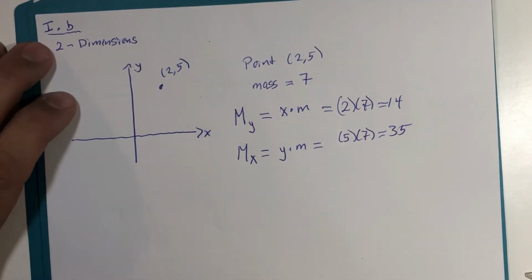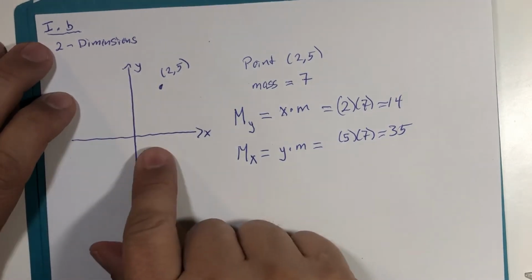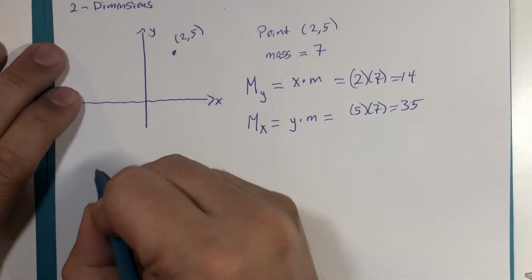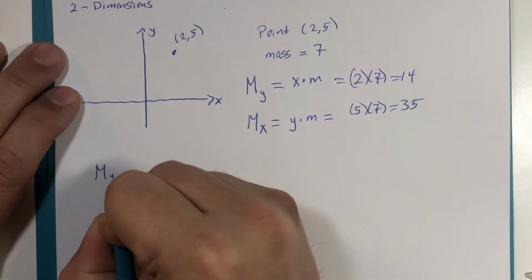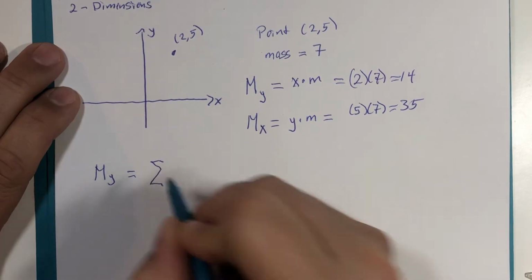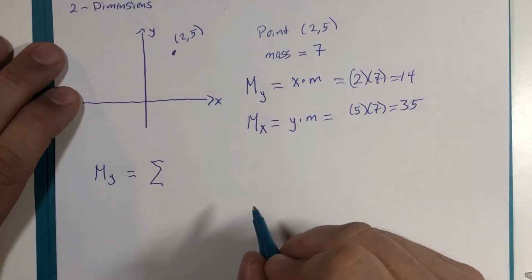Now, the concept is, if there were multiple points and multiple masses, we would want to calculate these moments by summing up all of the possible combinations of individual moments.